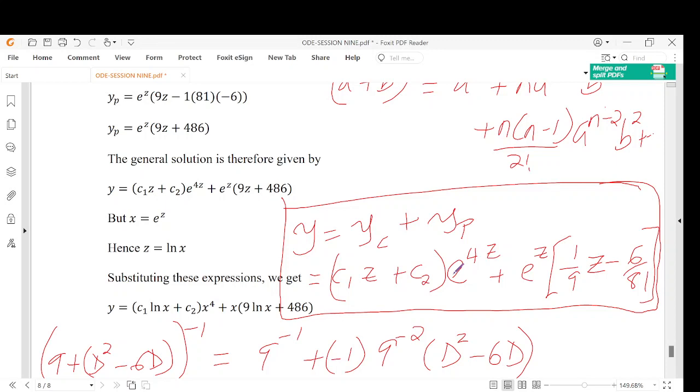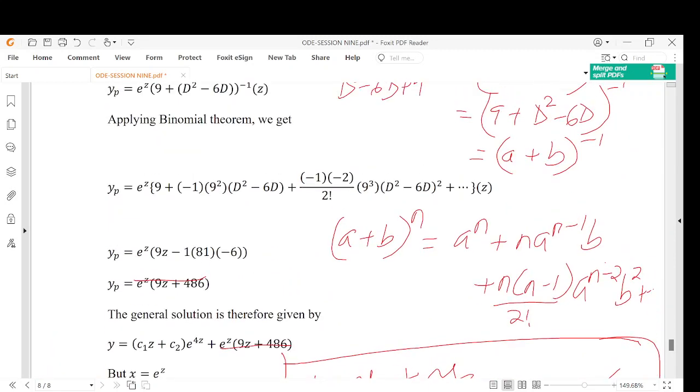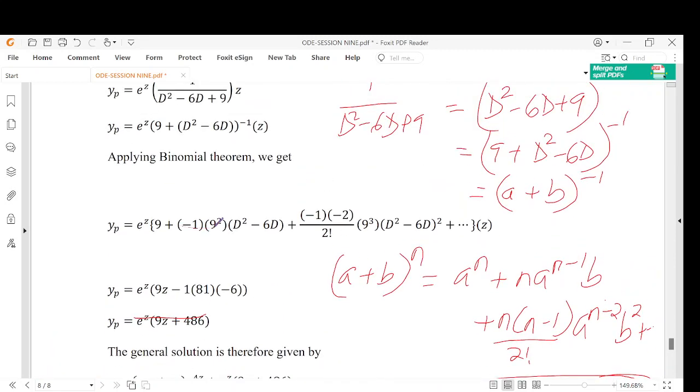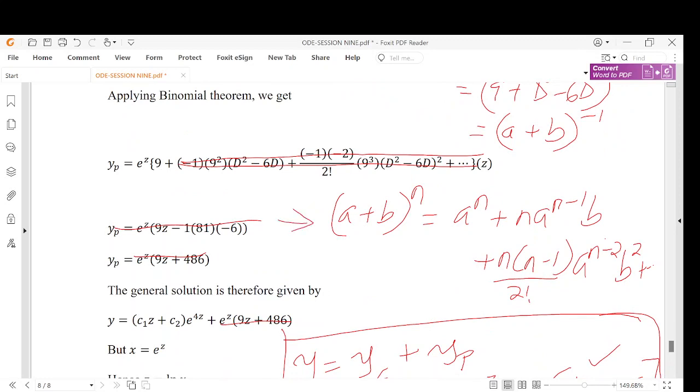There was some error here in this expression. So the correct expression is the one we have here. There was an error somewhere in the expansion here, so don't look at that. The correct expansion should be, the binomial theorem is this one. Then we substitute a is equal to 9 and n is minus 1.